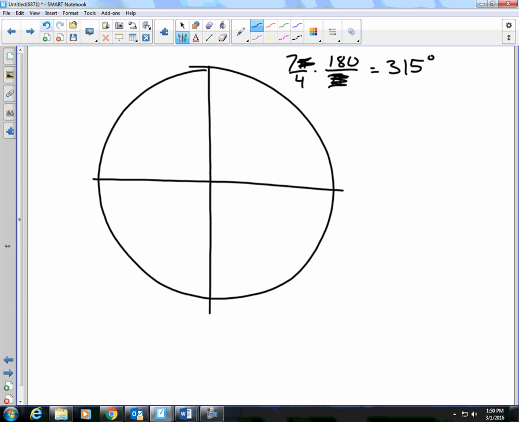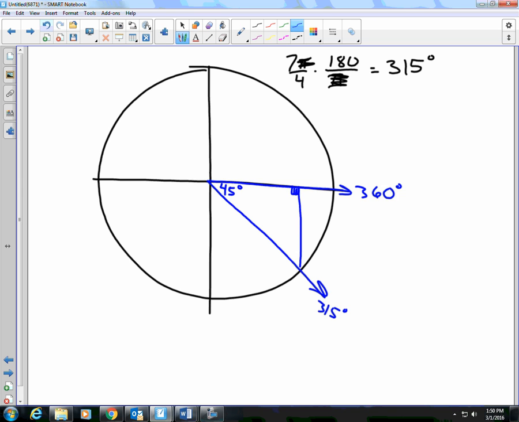The 4th quadrant. So if that's 315 degrees, and this is 360, how many degrees are left over here? 45. So this angle is 45 degrees.